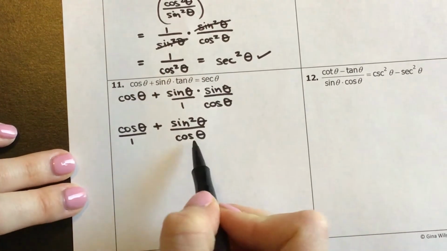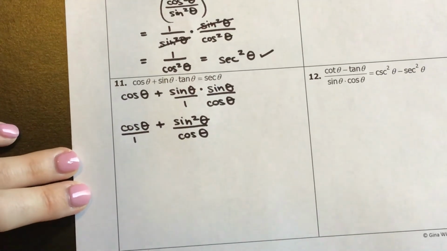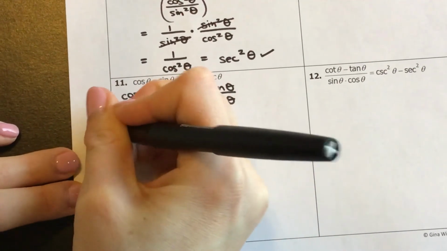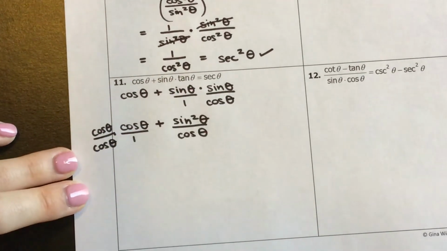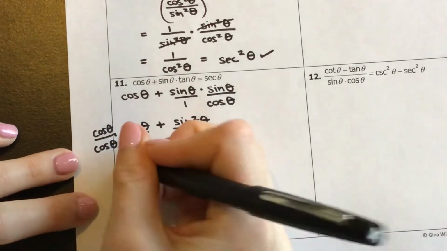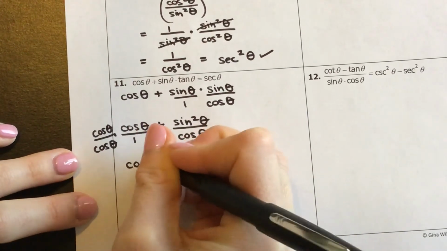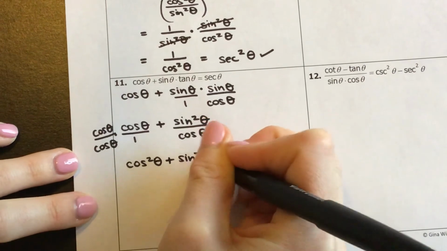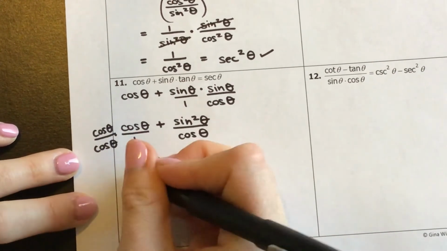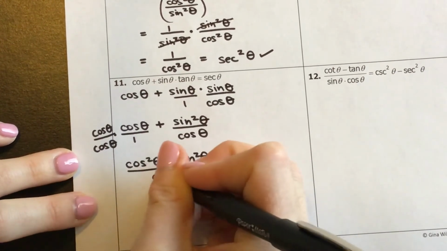This guy needs to have a denominator of cosine. So that means I am going to multiply top and bottom by cosine. So multiply these two together. Cosine times cosine would be cosine squared plus sine squared right here over my common denominator of cosine.